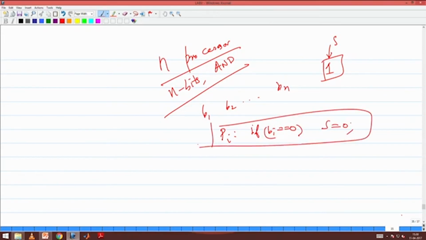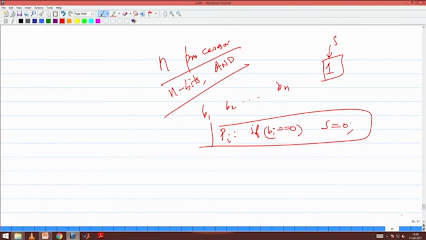Only one step. So if all the bits are 1, the answer will remain 1. If at least one of the bits is 0, the answer will become 0.